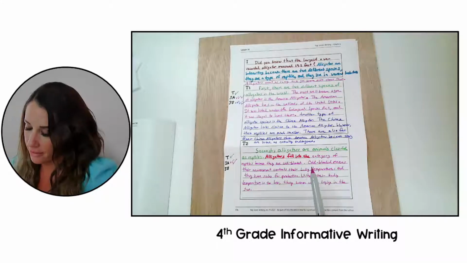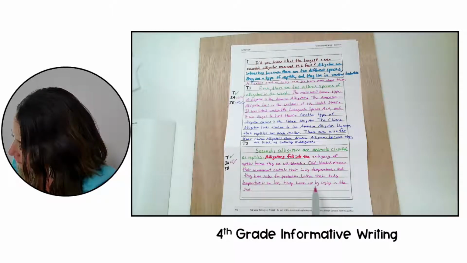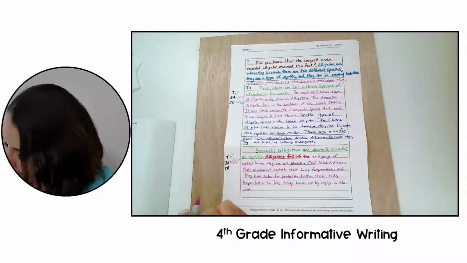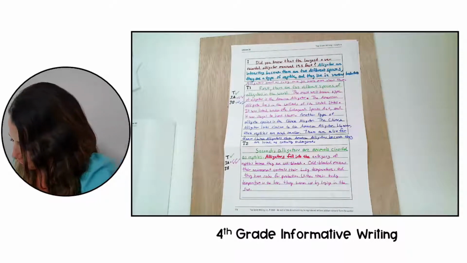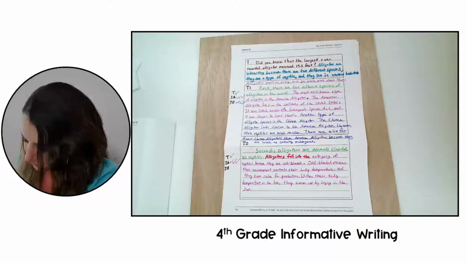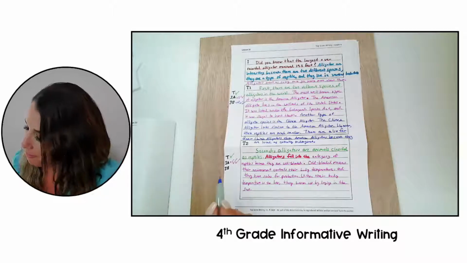Now let's see how many sentences I have for A. There's period 1, period 2, and there's a third period, so I have 3 about A. Now I'm going to move to my blue pen, and I'm going to write 3 about B.